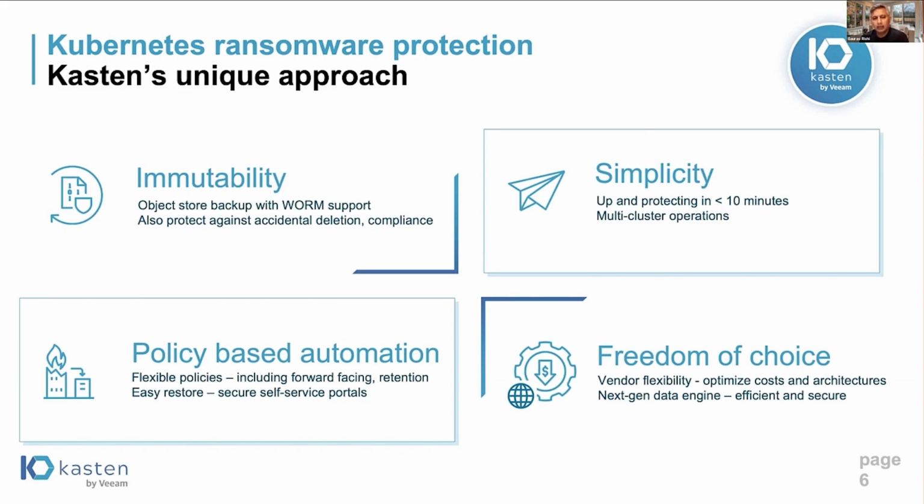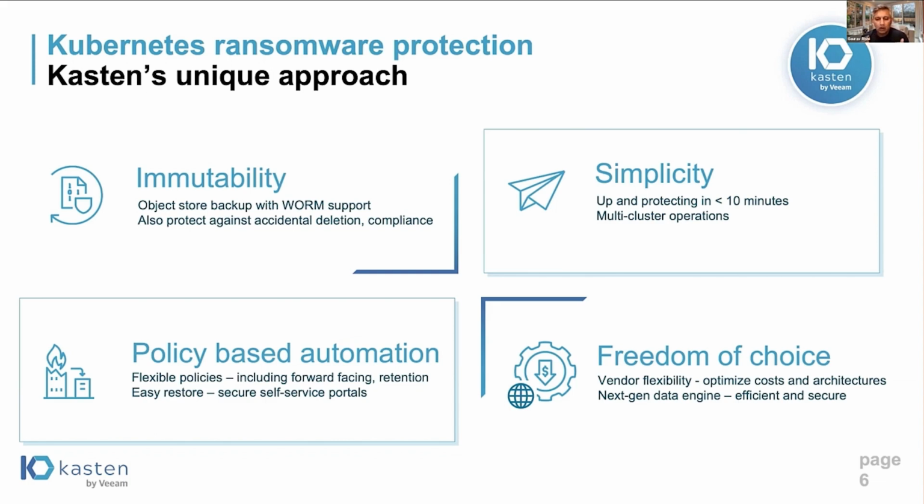Now, I pointed out that you need to have short recovery times because ransomware costs go up. And that's where Kasten K10 is unique in terms of being able to set up policies that can then be tied to applications. What these policies allow you to do is set up backup frequencies and where they should be stored, maybe in this immutable S3 target store as an example. We of course support other object stores, whether it's MinIO on premises, as well as others.